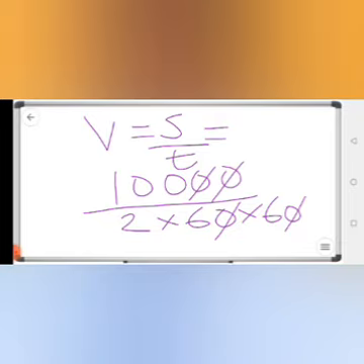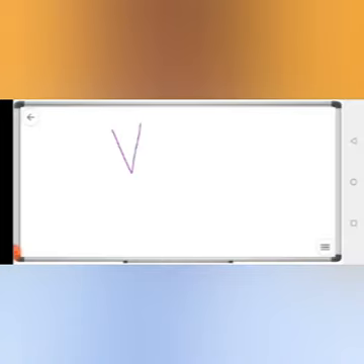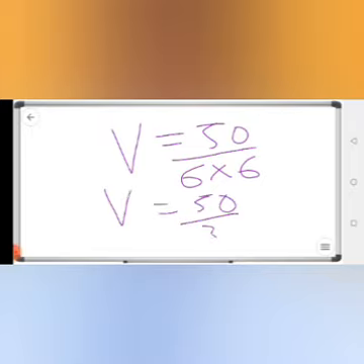It happened that 2 is a factor of itself and 100. So the number of 2 in itself is 1, and the number of 2 in 100 is 50. So currently we have 50 divided by 6 times 6. 6 times 6 is 36, so our speed is 50 divided by 36.